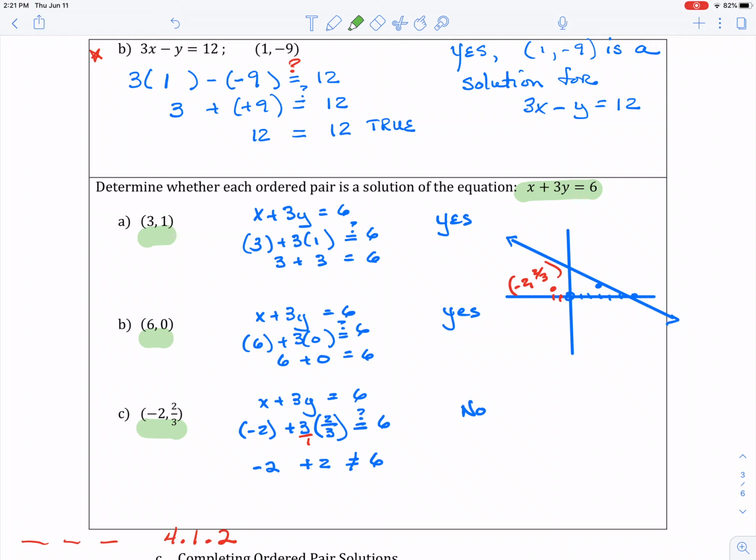I got a yes on the first 2, that they are points on the line, that they are solutions to that equation, and I got a no on the last one. And you can see the points that were actually solutions fell on the same line. The one point that was not a solution, I have it highlighted there in red, and it's clearly not on the line. So I'm going to stop there, and we'll pick up again in a minute.